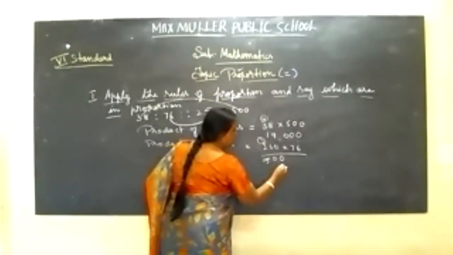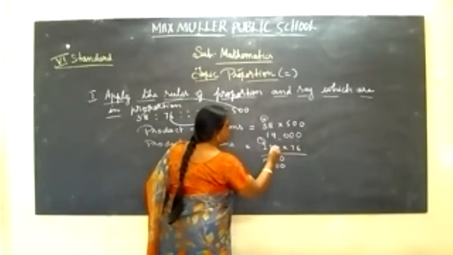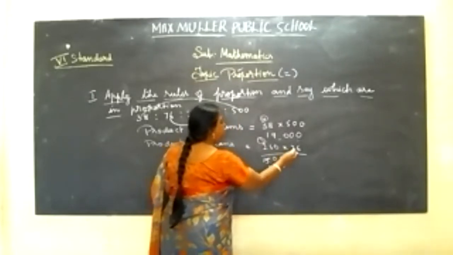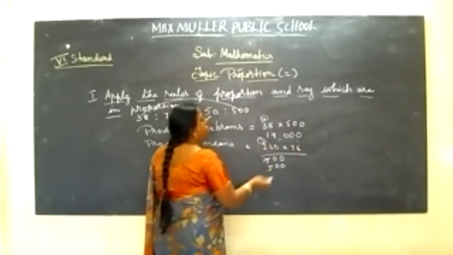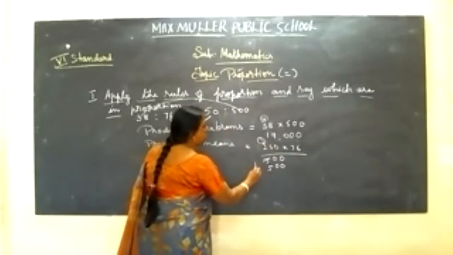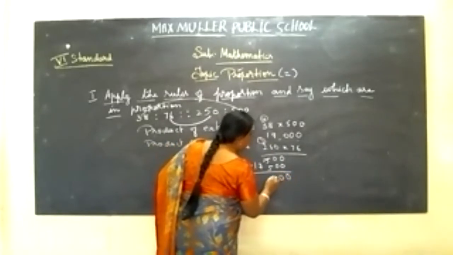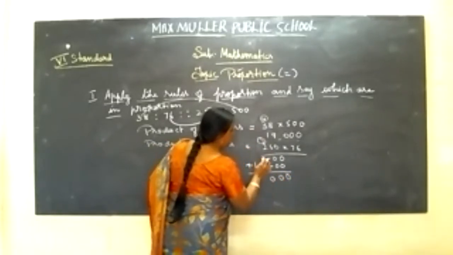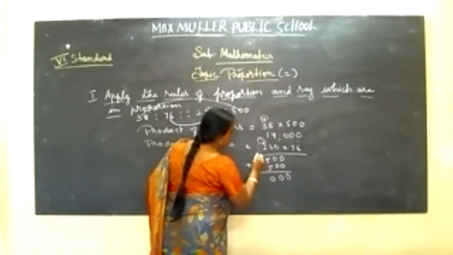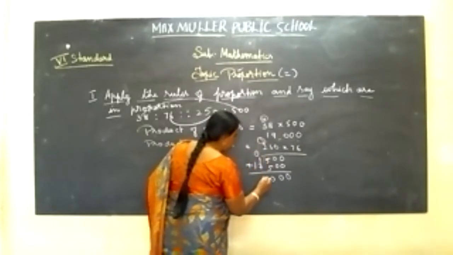So here 0, 7 zeros are 0, 7 fives are 35, 3, 7 twos are 14, 17. Now add this. Here this one will come here. Now 1 carry, 7, 8, 9, 1.